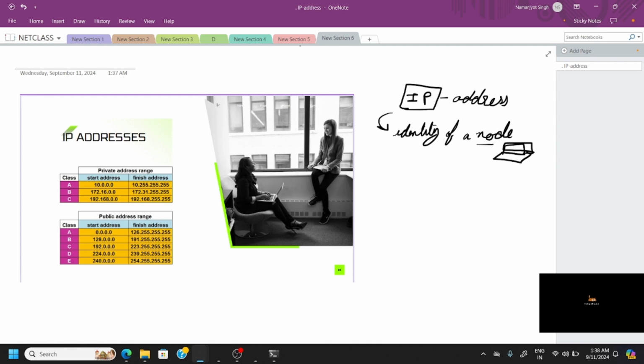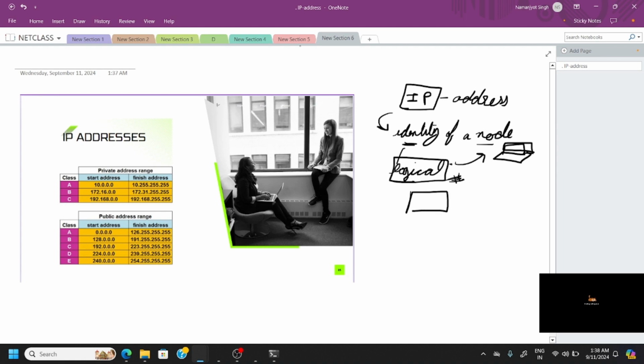So IP address is the identity, but what kind of identity is it? It is a logical identity. Logical, in the English dictionary, means that it is not physical, but conceptually it is there. So it is a logical identity of a node.